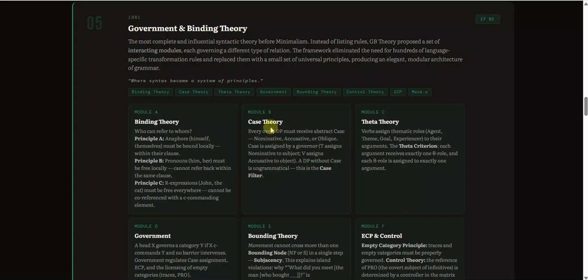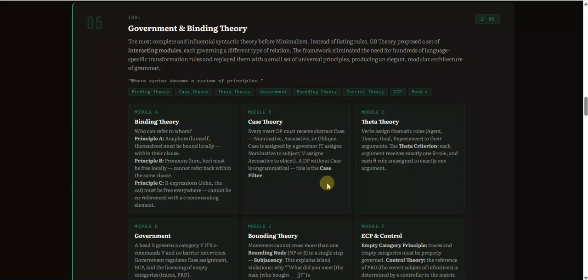Then module B, which is case theory. Every overt DP must receive abstract case: nominative, accusative, or oblique. Case is assigned by the governor. T assigns nominative to the subject. V assigns accusative to the object. A DP without case is ungrammatical.